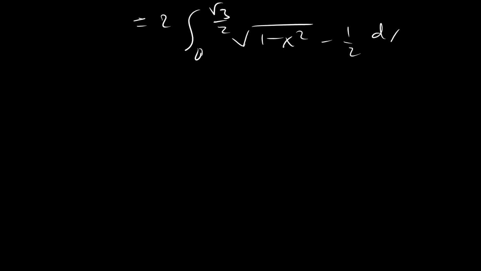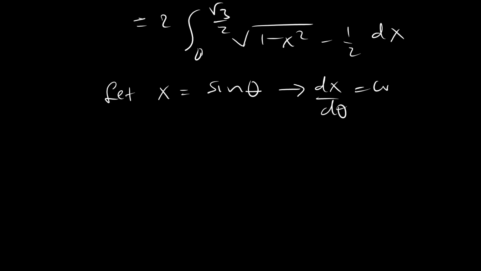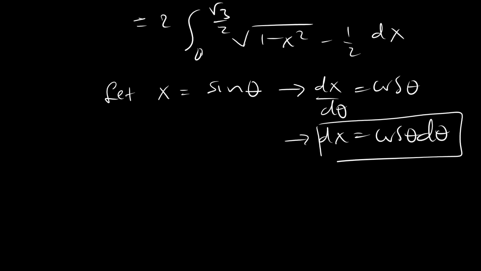Now, we could choose to use substitution where we say let x be equal to sine theta, such that dx d theta is equal to cosine of theta, and therefore dx would be equal to cosine of theta d theta, right?